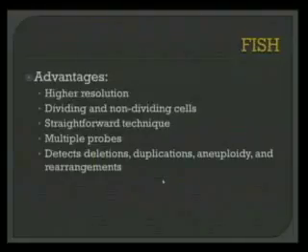As far as what it can identify, not only can it identify big structural abnormalities, but it can identify deletions, duplications, aneuploidy, and it could even do some rearrangements and some of these microdeletions that we see.